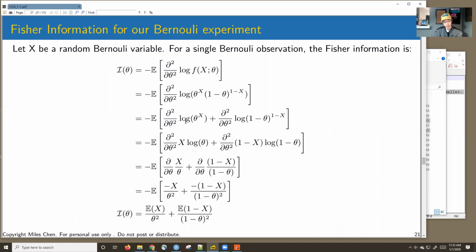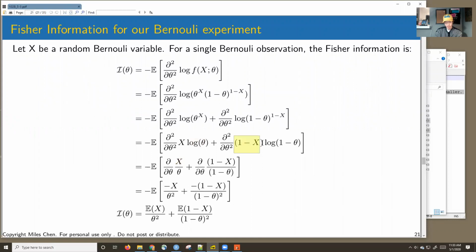If I take the log, I get x log theta plus 1 minus x log of 1 minus theta. The derivative of x log theta is x over theta.